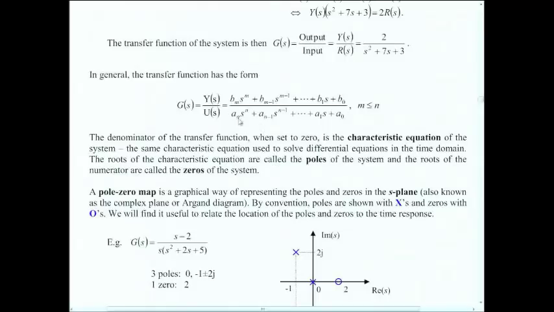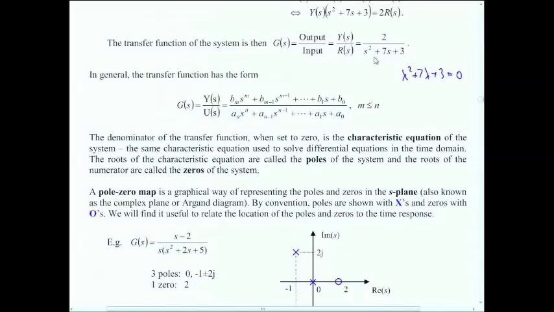If you set the denominator to 0, it's the characteristic equation, which is the one you've used in solving differential equations in the time domain, when you have the homogeneous equation. You might have seen this instead as lambda squared plus 7 lambda plus 3 equals 0 as a characteristic equation.